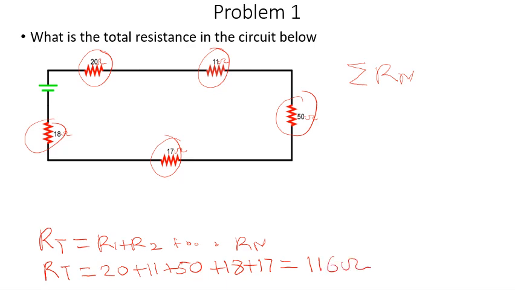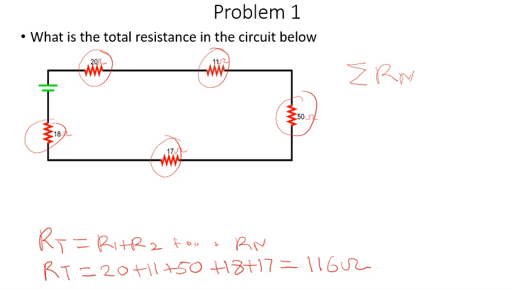Please always make sure to write the units. If you are working out voltage, the answer should be in volts. When calculating resistance, don't leave out the units, because if it is a theory question, they will mark you down and you will not get the full mark.